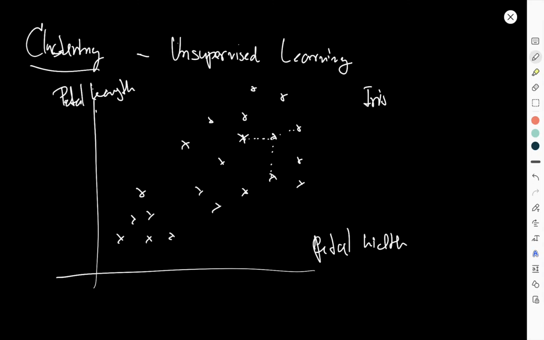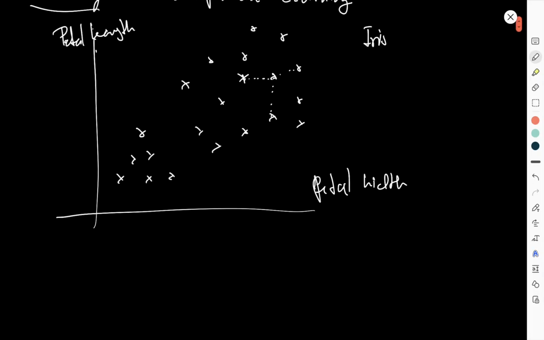We will use a measurement technique. Normally we use the Euclidean distance. I think you're familiar with this.